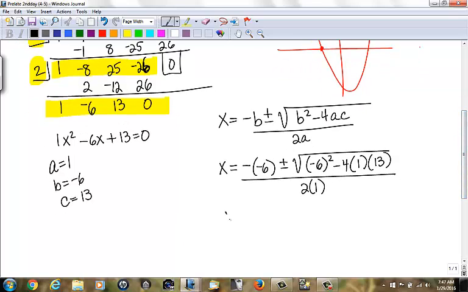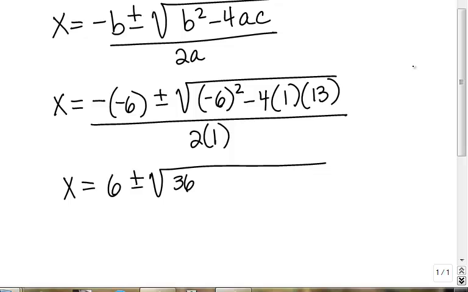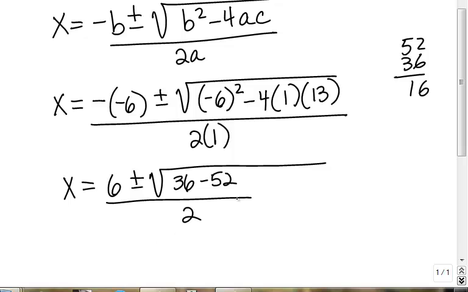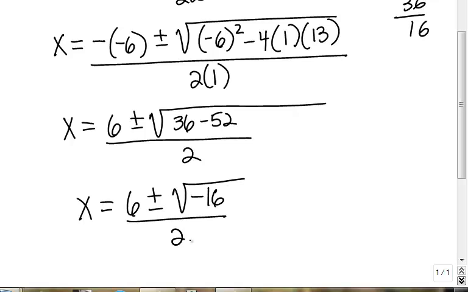Okay, so this would be x equals 6 plus or minus, that'd be 36, and what, is that 52? Negative 52? You agree with that? All over 2? Okay, so 36 and 52, that'd be negative 16 inside. You agree with that? So x equals 6 plus or minus the square root of negative 16, all over 2.